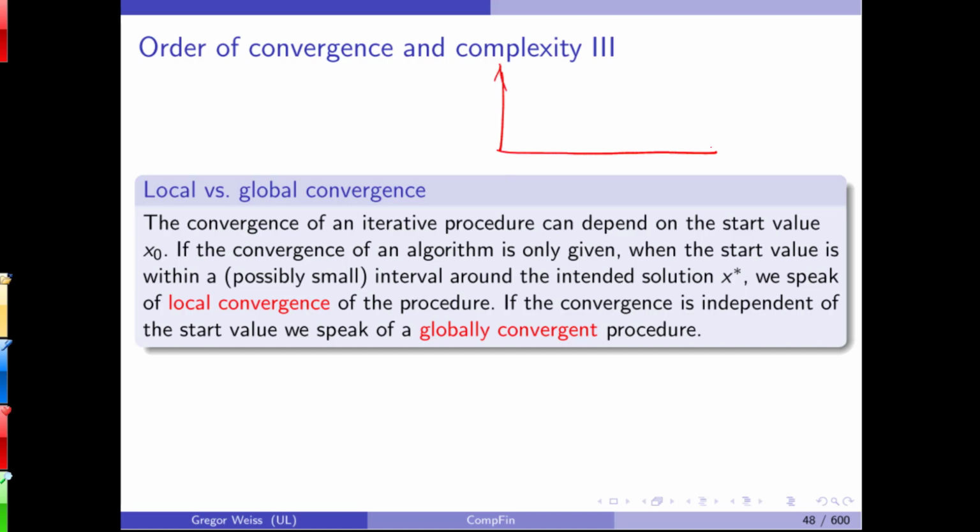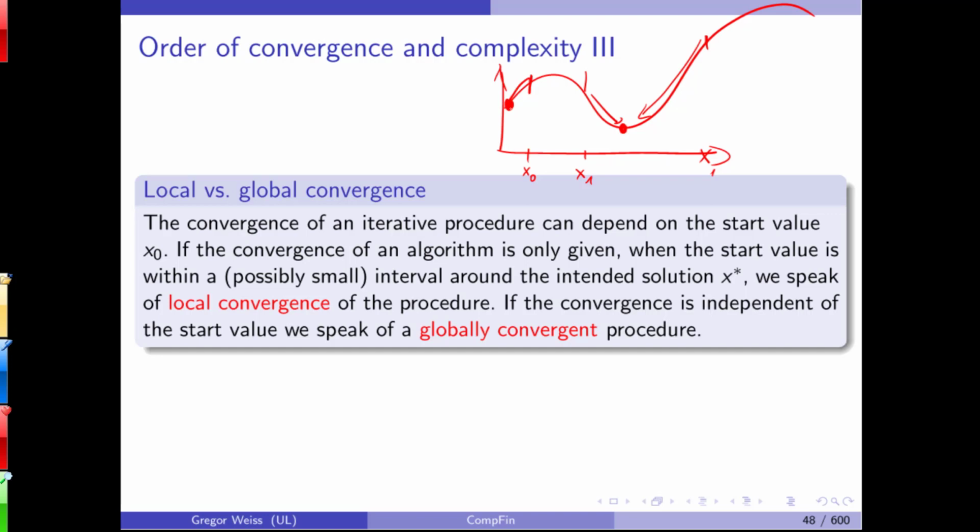Quite simply, if you have a function like this, and you're looking for the minimal value here, this could mean that if you start here at x1, you will find it. But say if you start here at x0, you will not find it and you might end up in here.